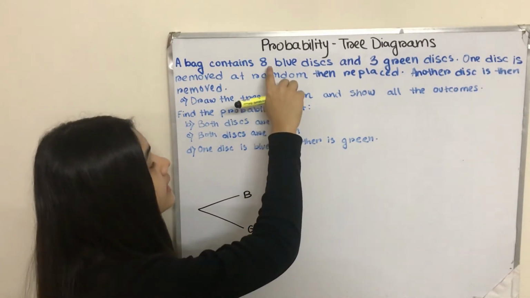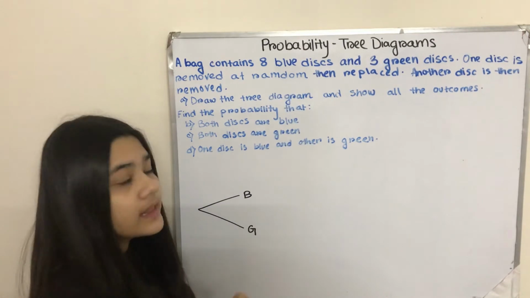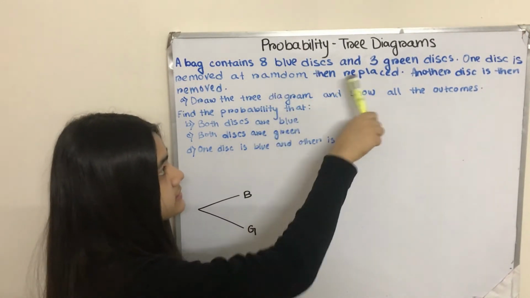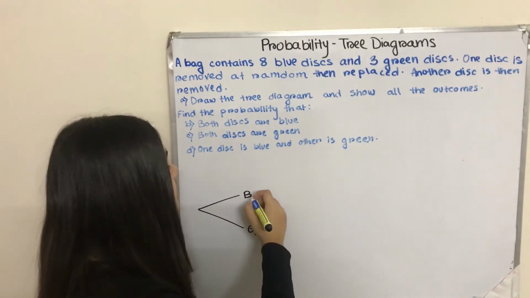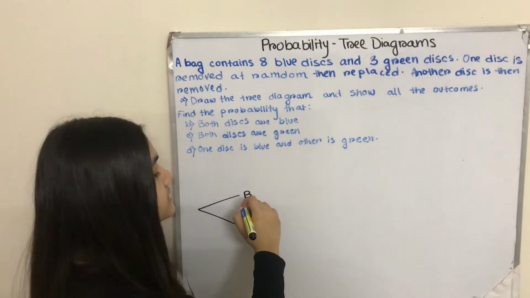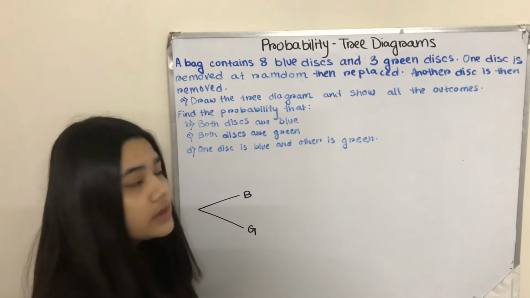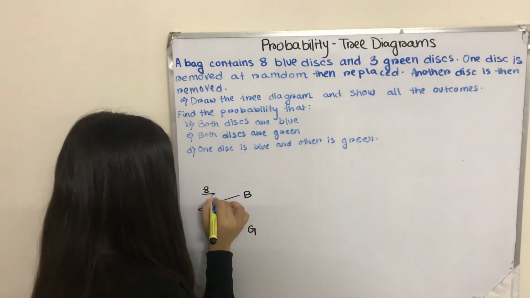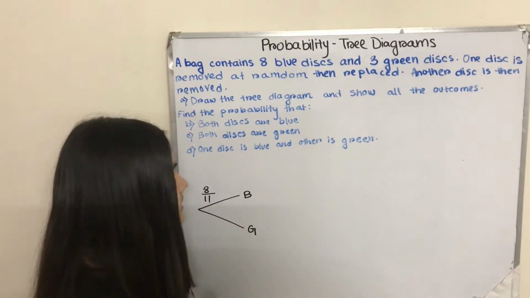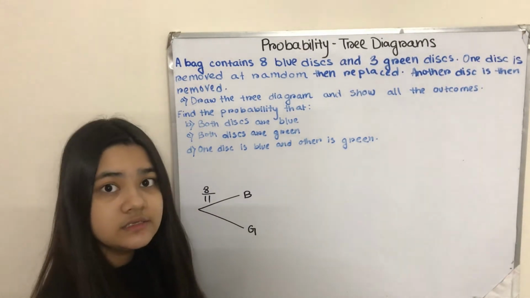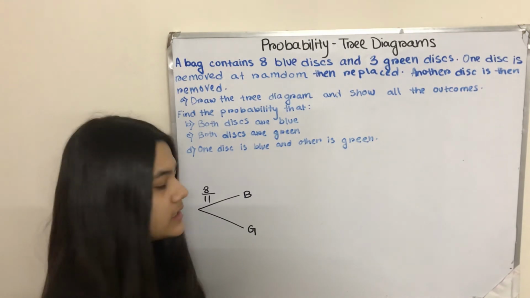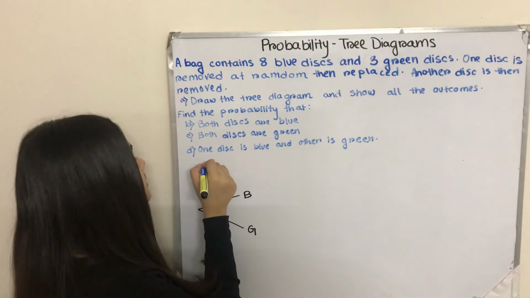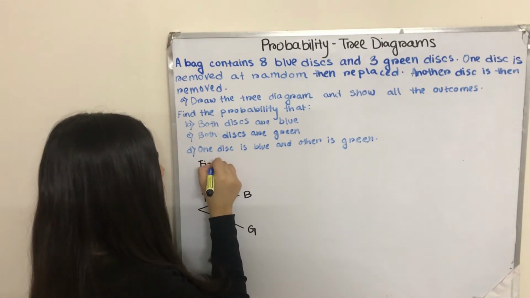There are 8 blue discs and the total number of discs is 11, 8 plus 3. So the probability that the disc might be blue is 8 by 11. And the probability that the disc might be green is 3 by 11. This is for the first round.